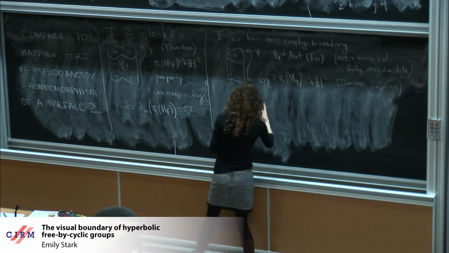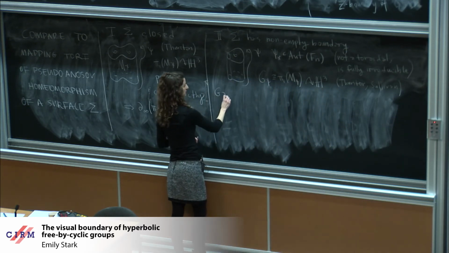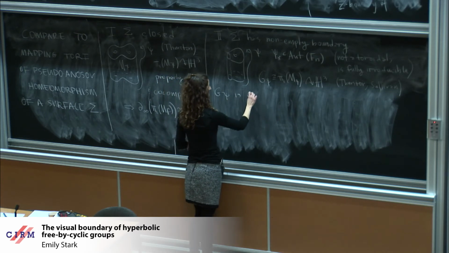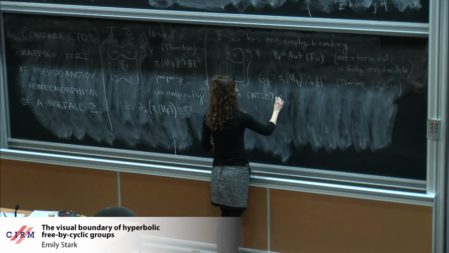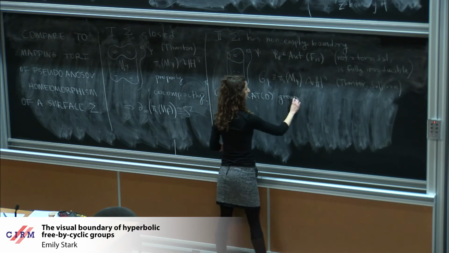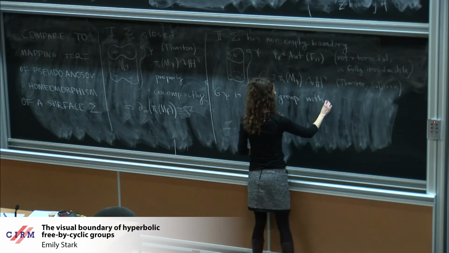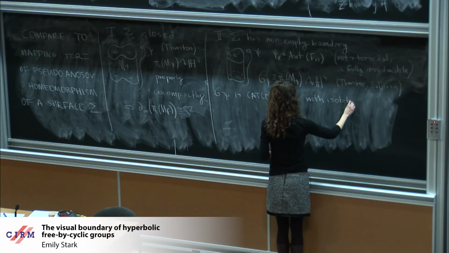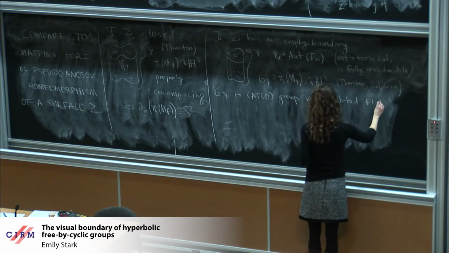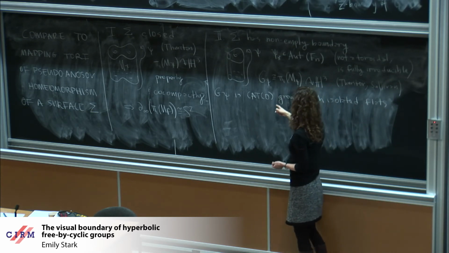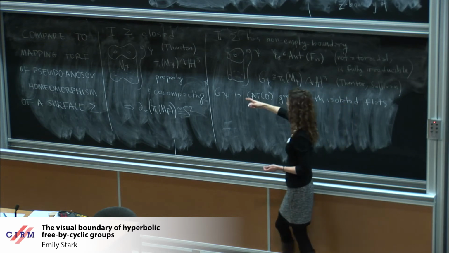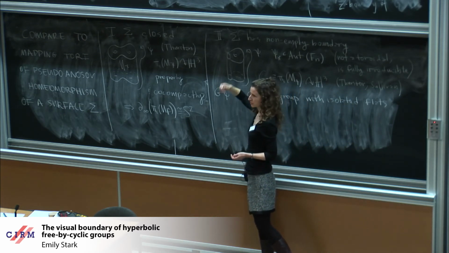So in other words, the free-by-cyclic group here, G(C), is a CAT(0) group with isolated flats. So it has negative curvature away from the flats in the universal cover, which come from lifts of the torus boundary component.